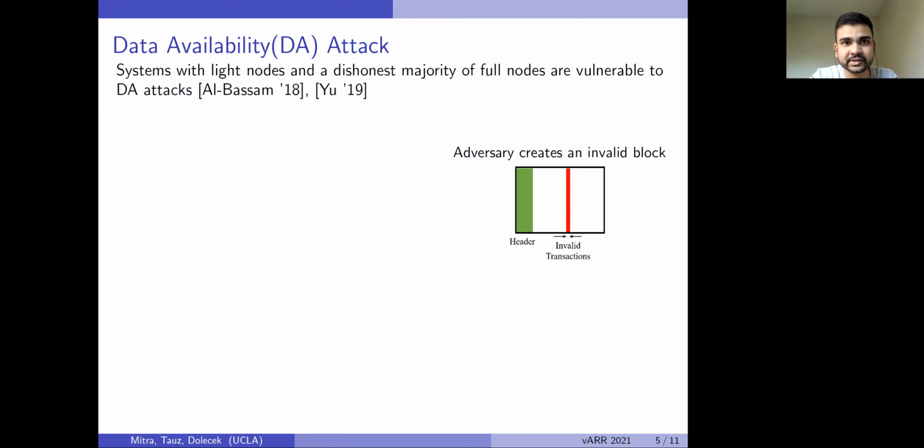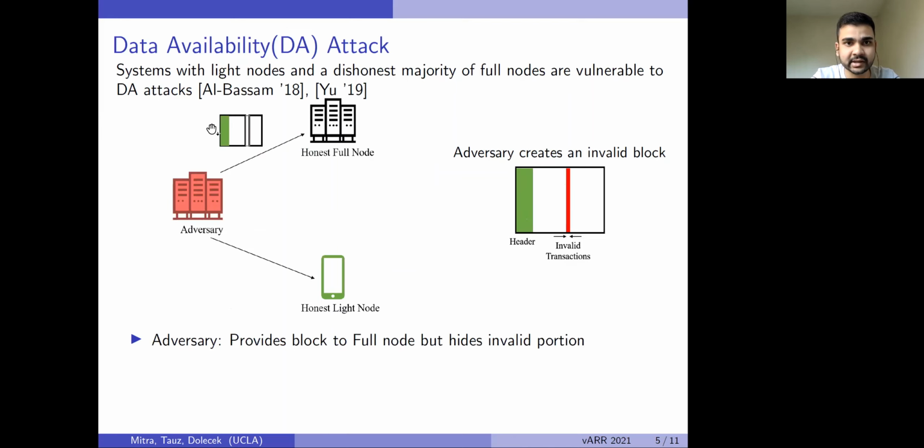And it is known that systems that have light nodes and have a dishonest majority of full nodes are vulnerable to data availability attacks. In this attack, the adversary creates an invalid block. That is, it creates a block that has some invalid transactions, and it sends this invalid block to the honest full nodes, but it hides the invalid portion, and it sends the header to the light nodes.